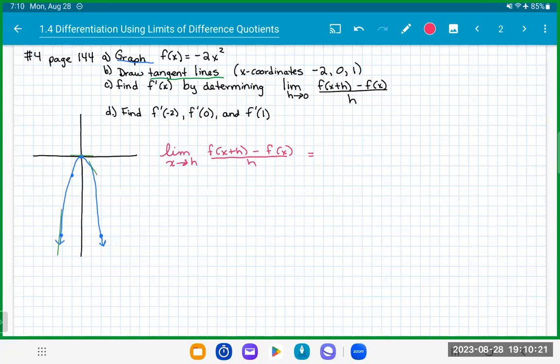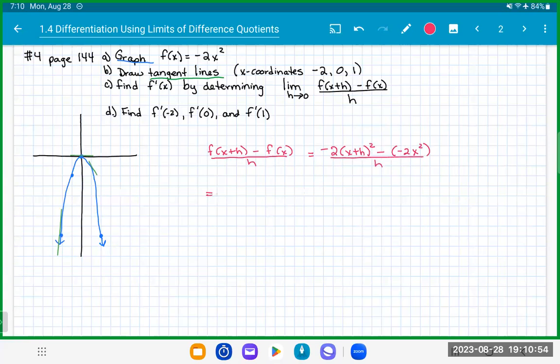So actually, instead of writing the limit first, let's just do that portion, so I don't have to rewrite that wording, the limit as h approaches 0, every single time we do an equal sign. So this would give me -2 times (x plus h) squared minus -2 x squared. Okay. All of that divided by h.